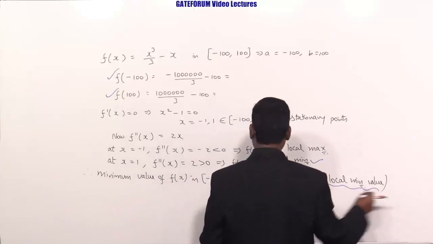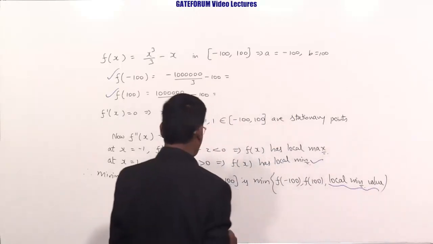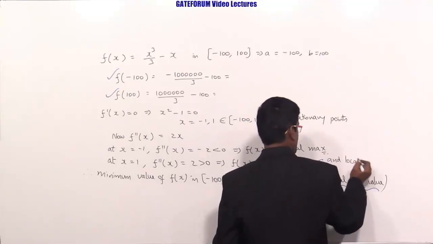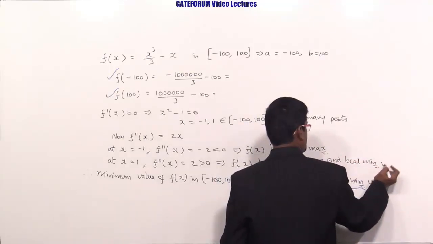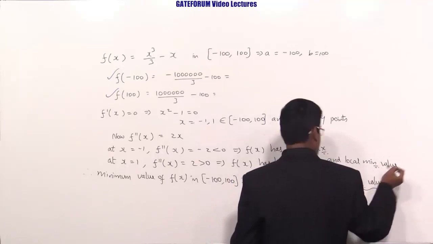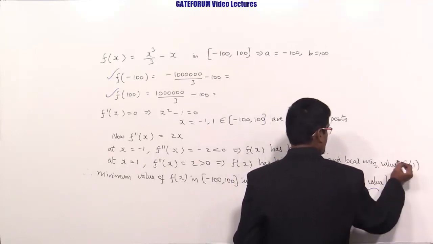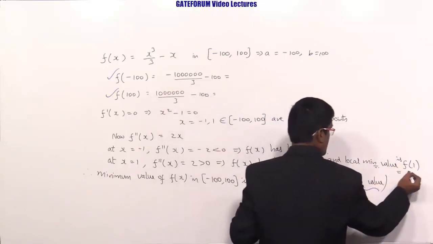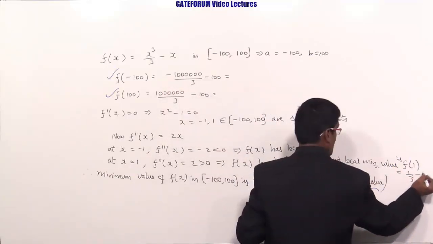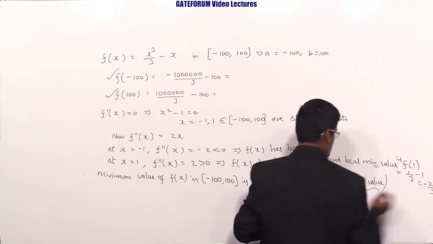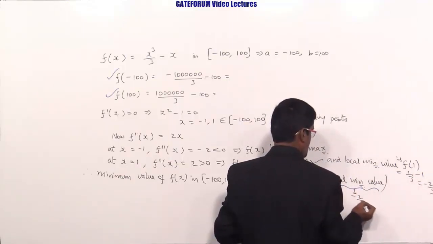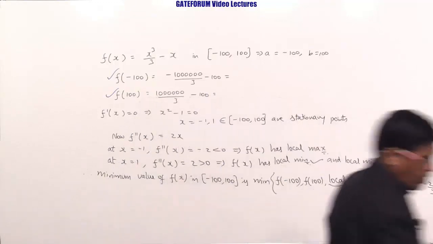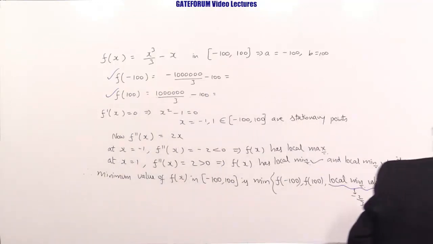So what is the local minimum value we got here? The local minimum value is the function at x equal to 1, that is f of 1, which is nothing but in the function put x equal to 1, 1 by 3 minus 1 simplifies to minus 2 by 3. So this is minus 2 by 3, and here options are not provided. This is a numeric question, so you have to calculate the terms.